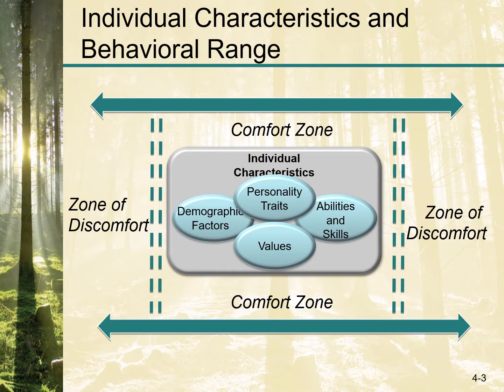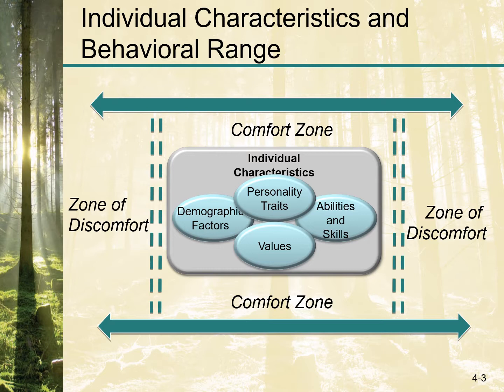So the main idea is that all these individual characteristics that have bearing on leadership effectiveness, like personality, values, abilities, skills, and demographic factors, have set you up to be comfortable in certain ways and places.